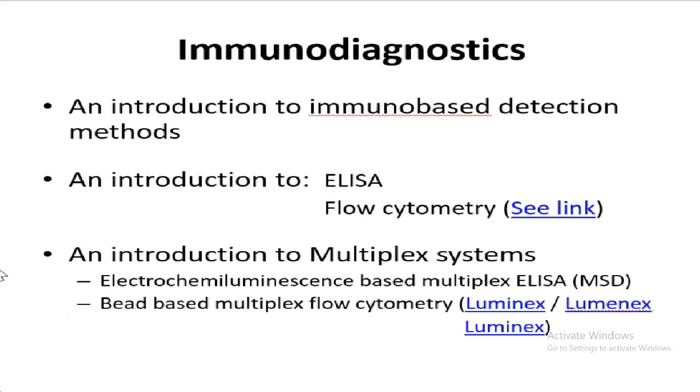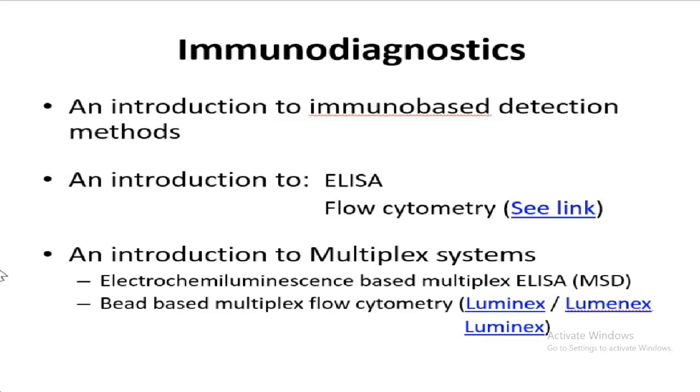So in terms of the immunodiagnostic section that we're going to focus on now, I'm going to give an introduction to immuno-based detection methods, primarily focusing on the ELISA. There is a link to an overview of flow cytometry for those of you who are interested. It's a previous recording that I've made, so it's there for you if you want to view it. But then we're going to focus on the multiplex-based systems.